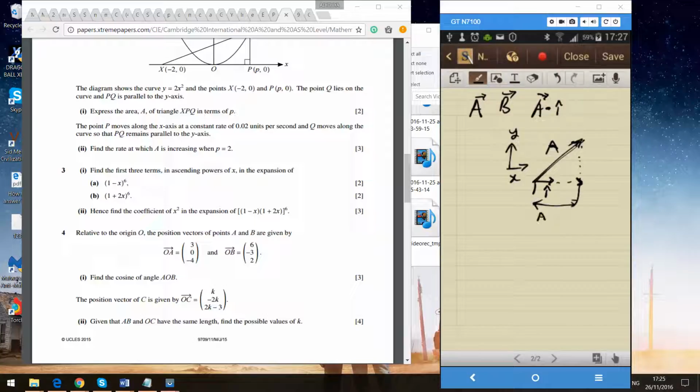If the angle is theta, then the dot product of A with i gives a projection of vector A onto this unit vector i, and that projection has a length of A cosine theta.